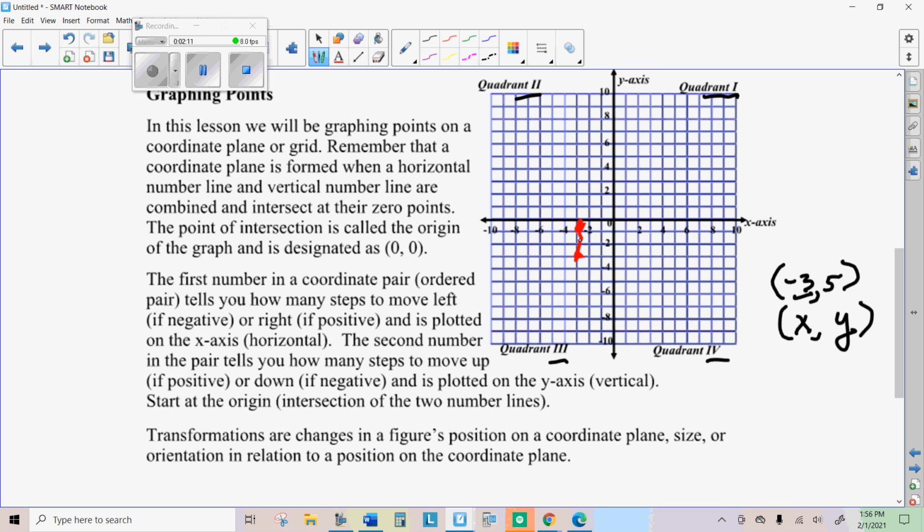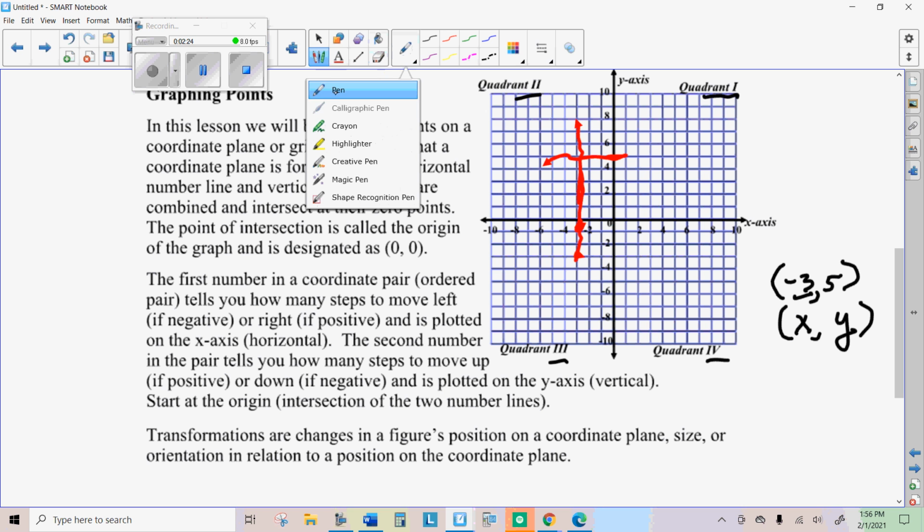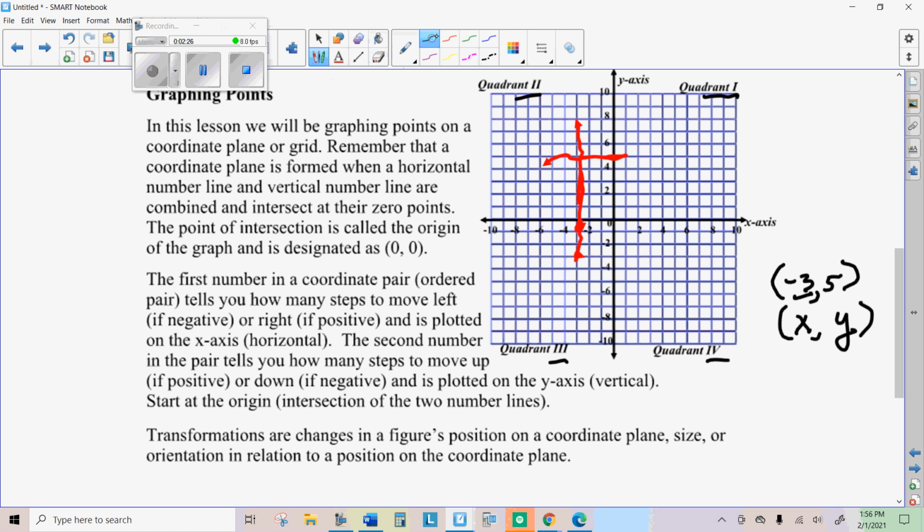And then 5 on the y-axis is right there. So where those two lines come together, right there is our point. And I'll just put a dot there. So that's the point -3, 5. So make sure you go on the x-axis first and then the y-axis when you're plotting those.